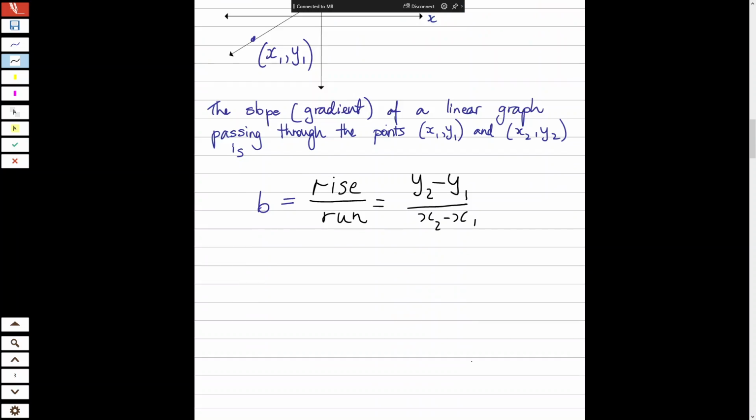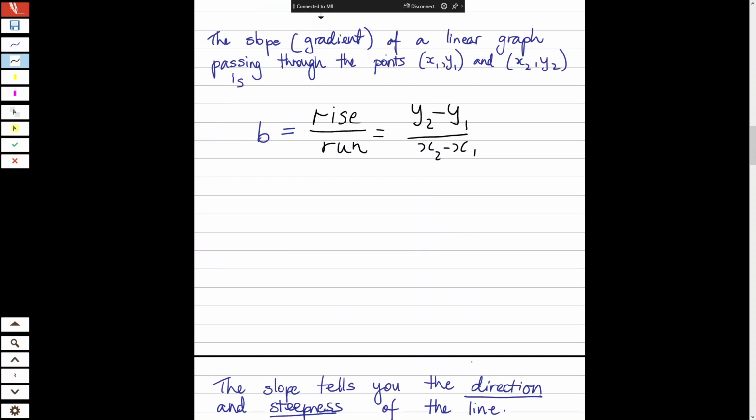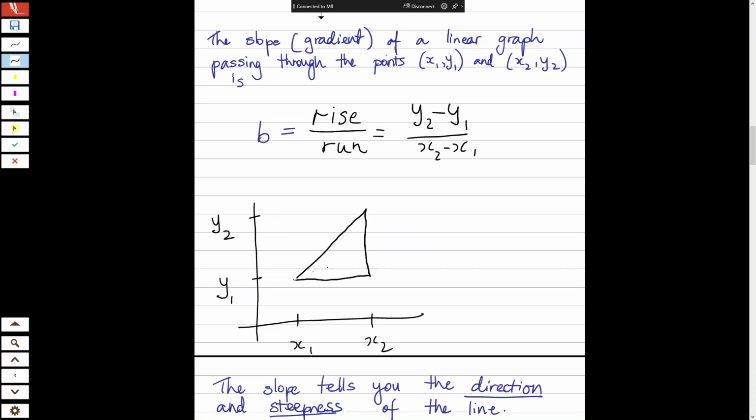Okay, so let me draw a diagram for you. Imagine a right angled triangle like this. This length here is y2 minus y1. And this length here is x2 minus x1.